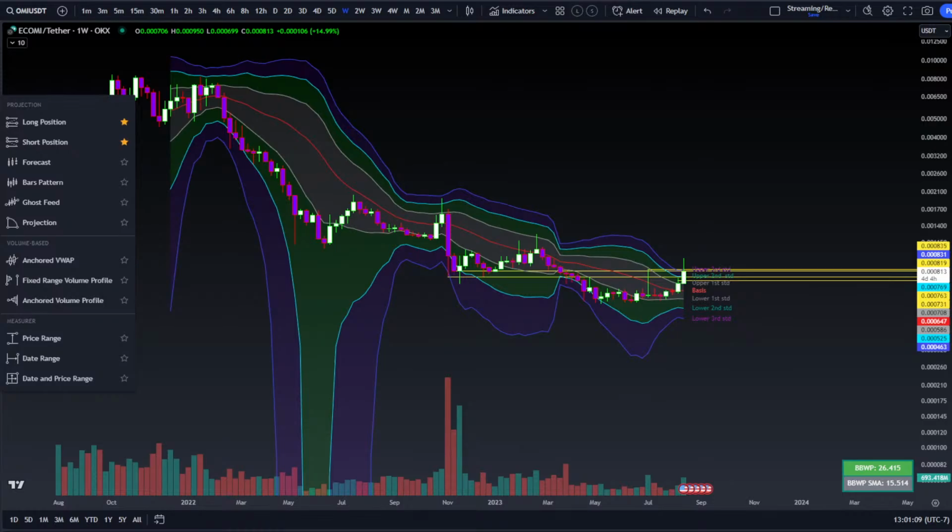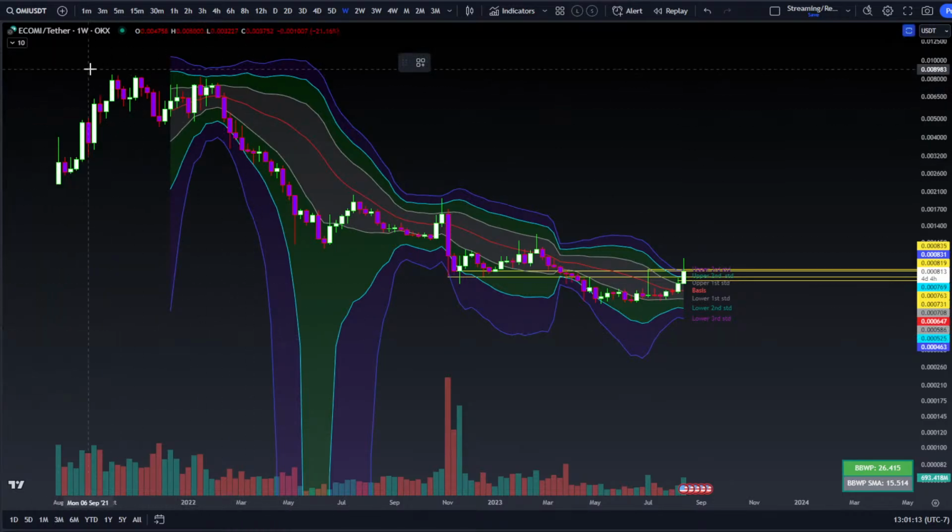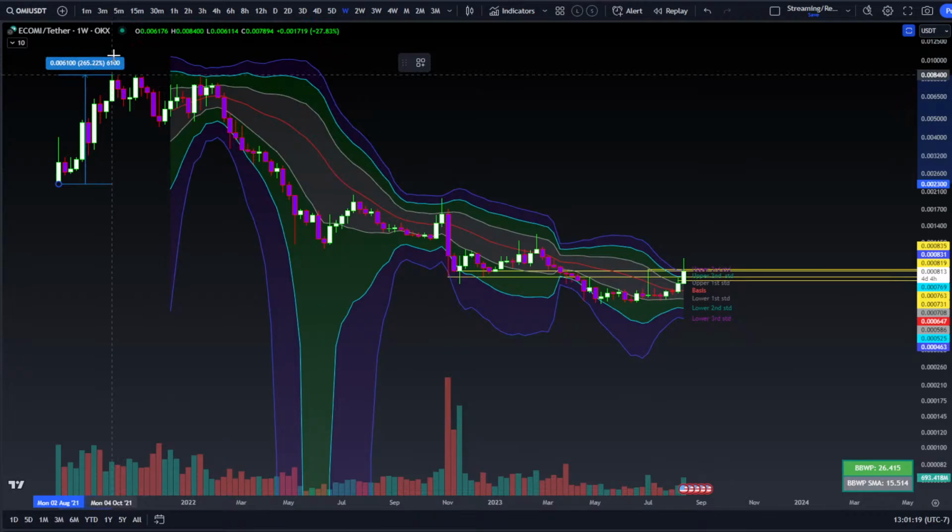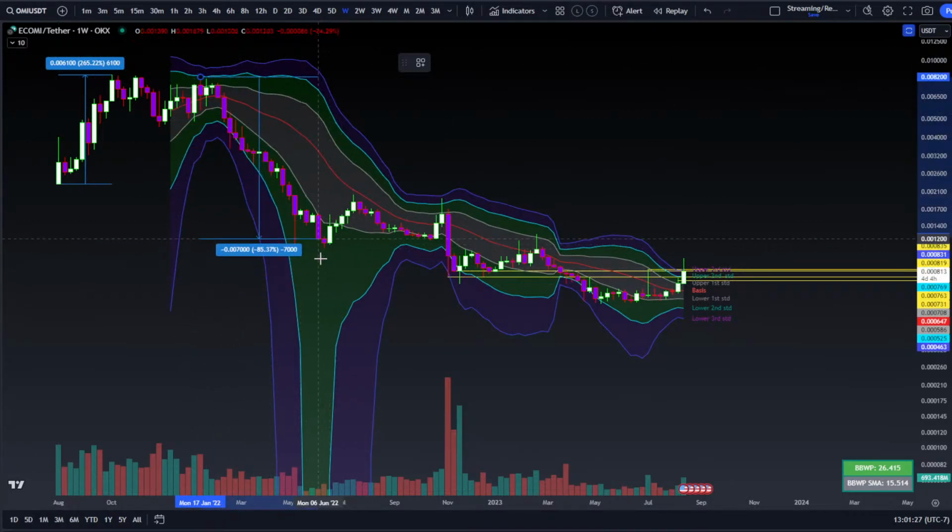They moved the measuring tools around, and now I'm all confused. Price range. Let's see, what was this move up? A cool 265% off of listing, and then it went down a cool 87.